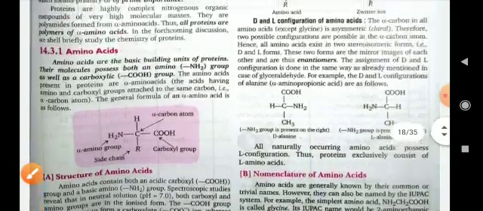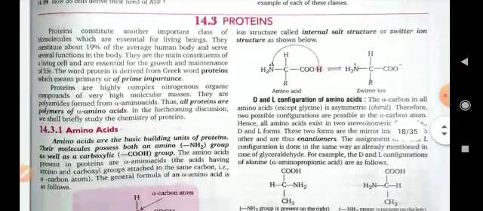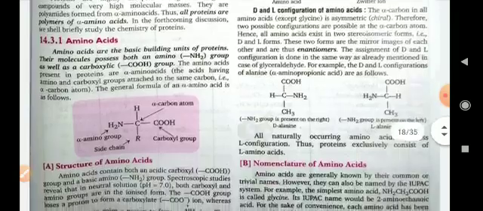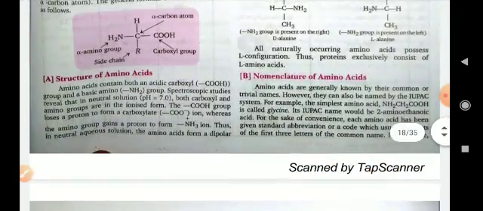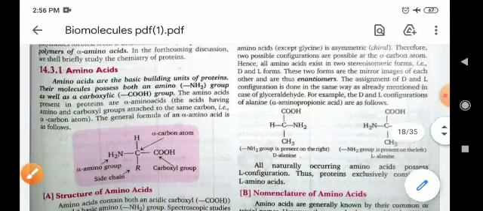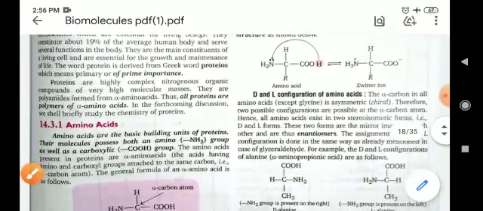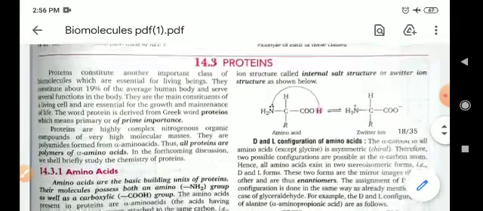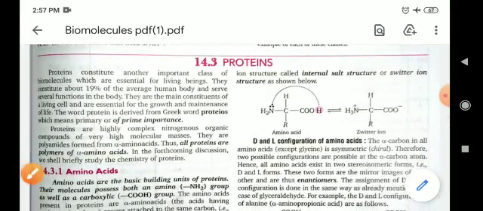Now, structure of amino acids. An amino acid contains both an acidic carboxylic group and a basic NH2 group. Spectroscopic studies reveal that in neutral solution, meaning pH 7, both the carboxyl and amino groups are in ionized form, and this ionized form of amino acid is known as the zwitterion.